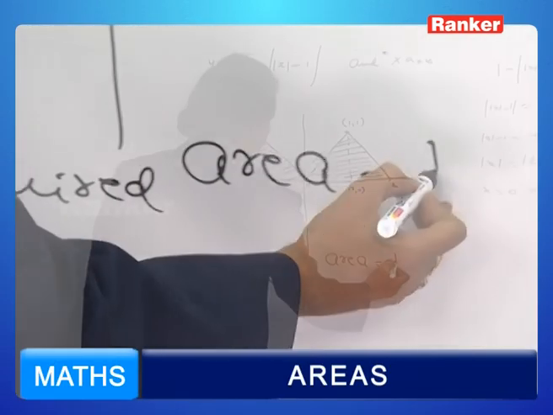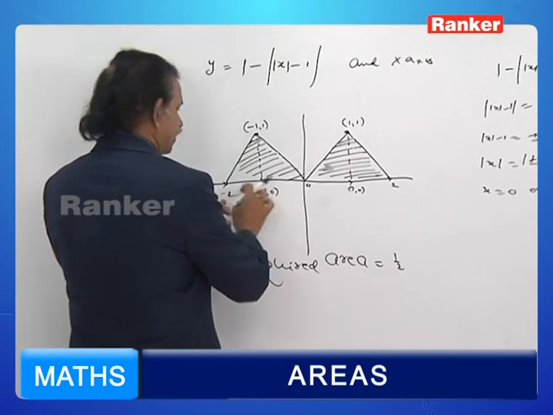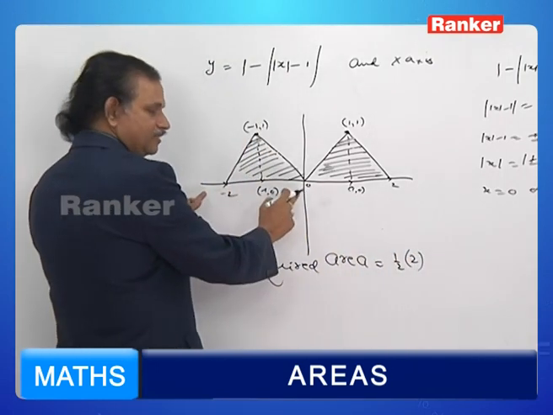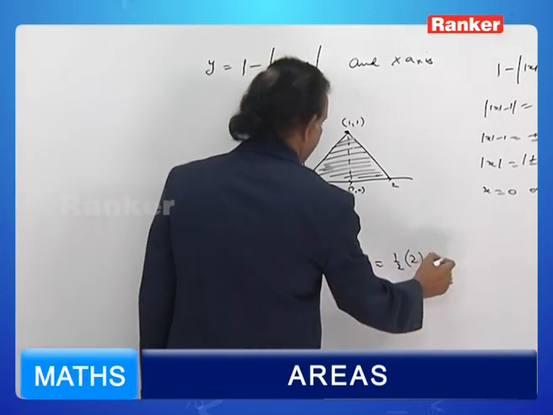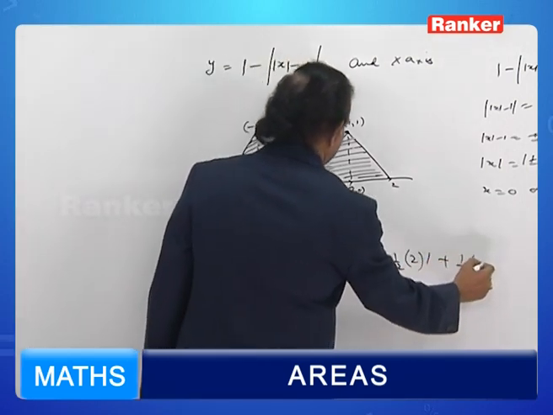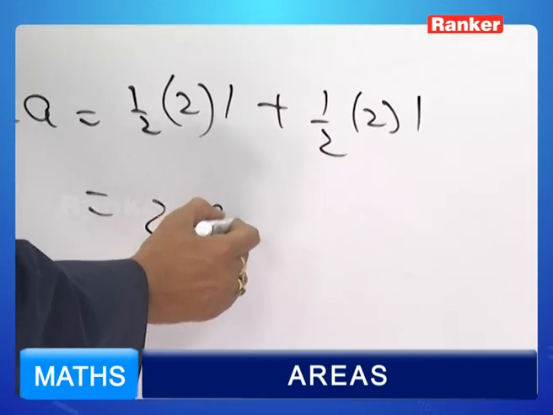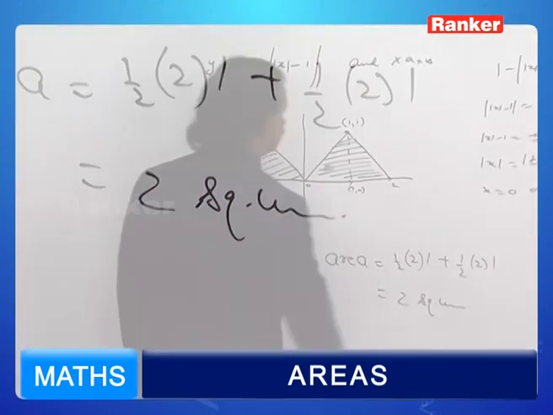What is that? Half into base. The length of the base is 2 units and the height is 1, plus again half into 2 into 1. So it is 1 plus 1 is equal to 2 square units.